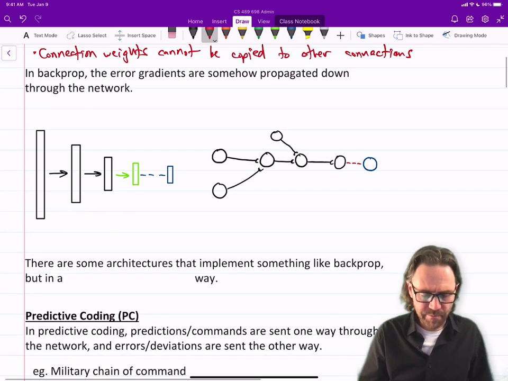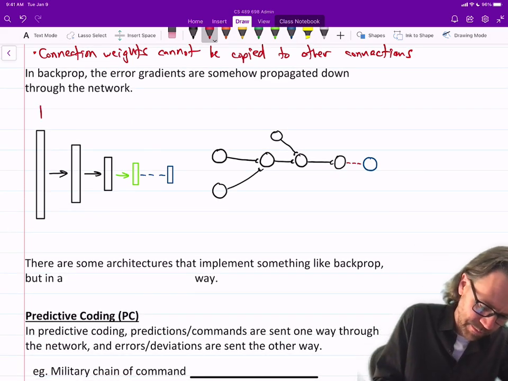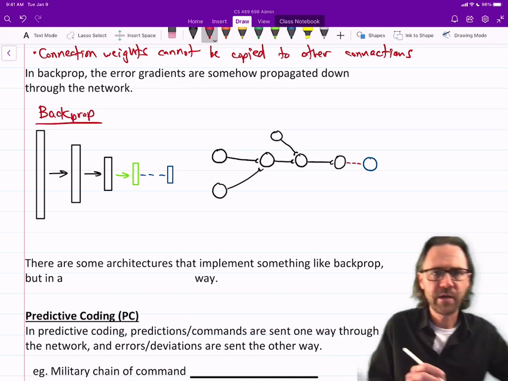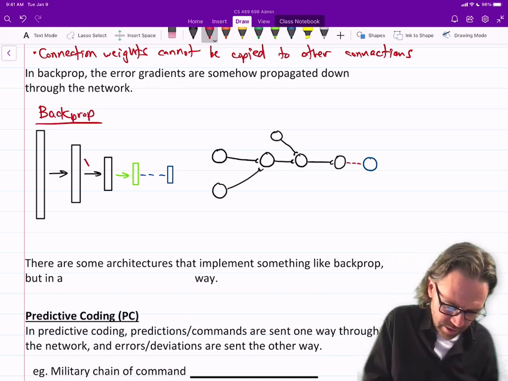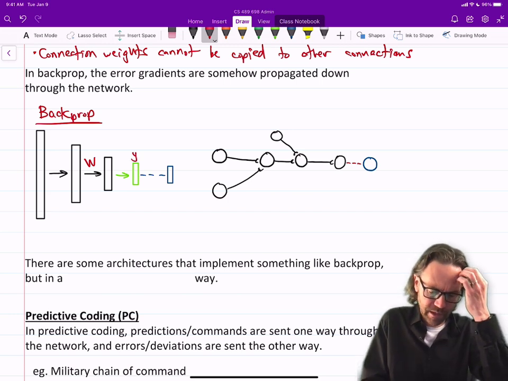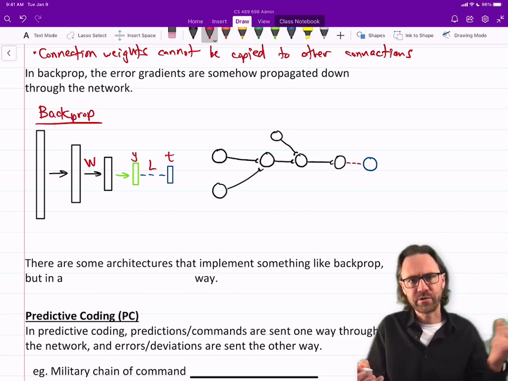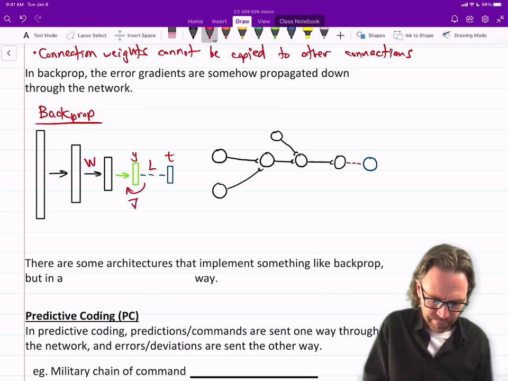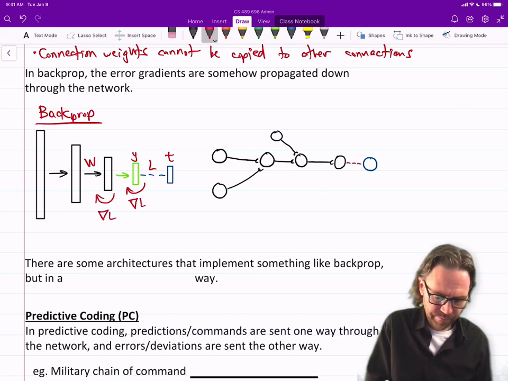On the left here, I have a backprop type of network. You can see there are a bunch of layers, and you can imagine there'll be some weights here. We get some output y and some target t, and then we have some loss function L. So we take this loss function and we project back the gradients, and they go down layer by layer.